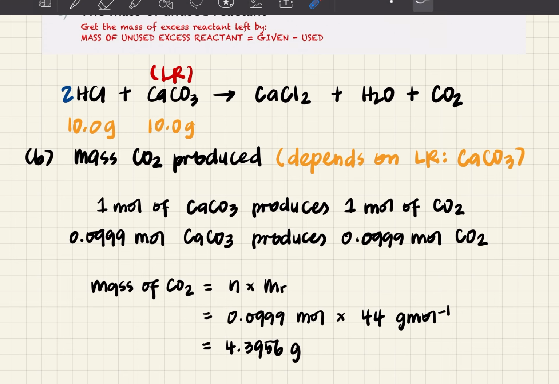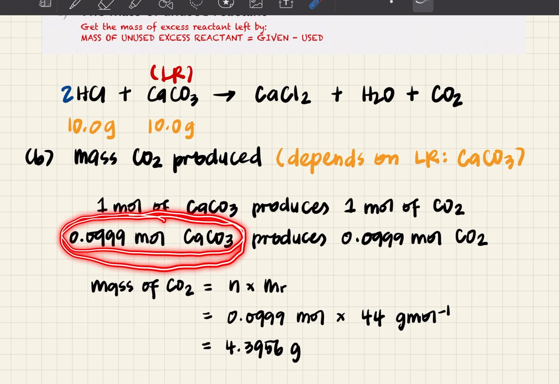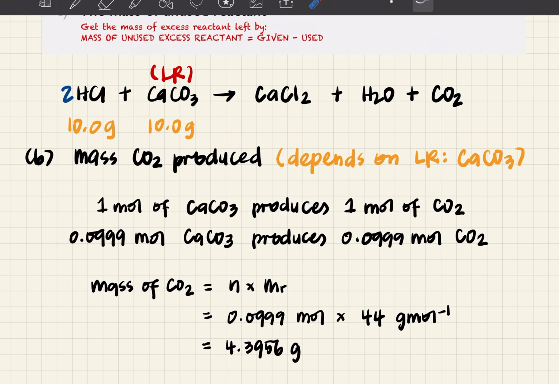Okay, so since we already know the number of mole of calcium carbonate that is given from the previous question that we found, daripada this mass, ini yang kita ada, you know that this amount of mole of calcium carbonate will produce the same amount of mole of carbon dioxide. Okay, so now that we found our mole of carbon dioxide, okay, hati-hati, sometimes you can forget this.